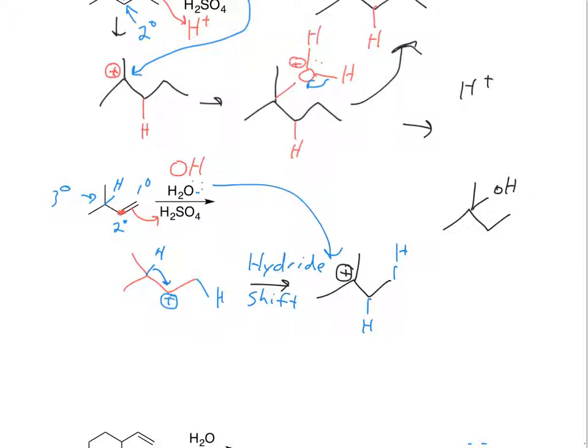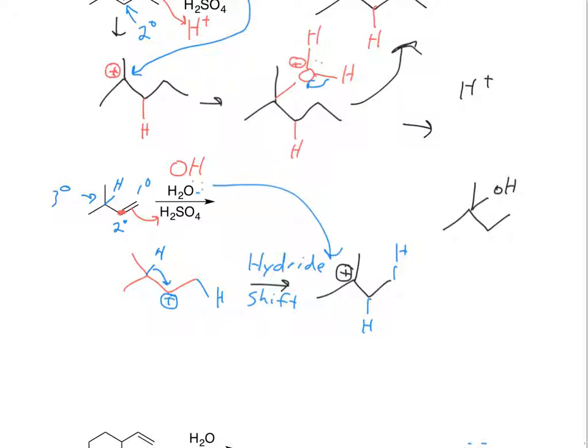Now, typically you only rearrange if you're going to move up in substitution, and it usually only works about a carbon either way, maybe two at the most in rare occasions. But whenever you get a carbocation, particularly if it's not a tertiary, you want to look to the carbons on either side of your carbocation and see, can I go up in substitution? Meaning, can I go from a secondary to a tertiary?